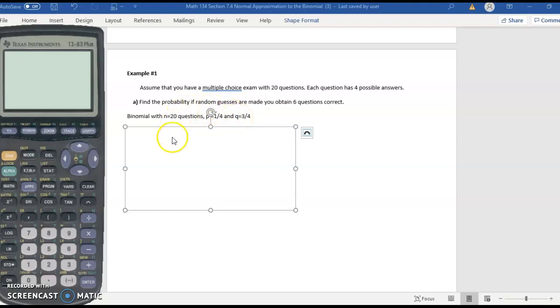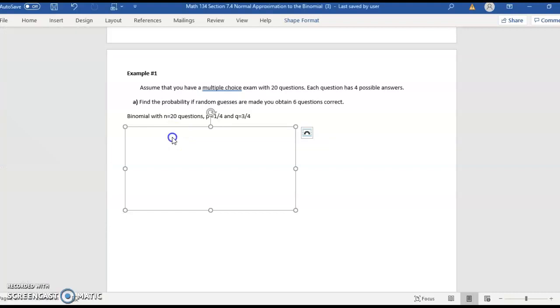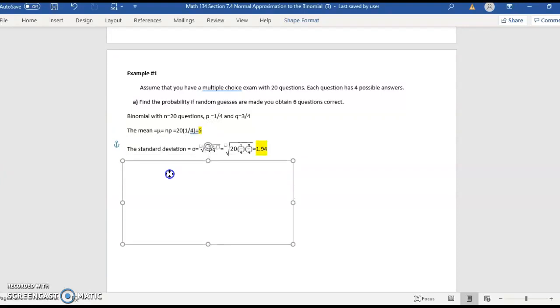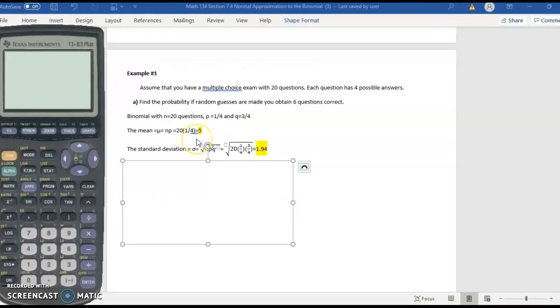This is in fact a binomial problem, and for any of the binomials that they're going to be asking for a normal approximation, you have to evaluate the following 2 values, which is the mean and the standard deviation. So please take a second and see if you match. I calculated these already just so that we could go a little bit faster in the video.